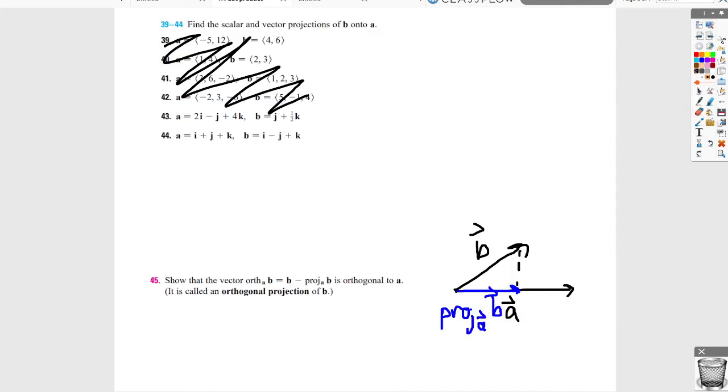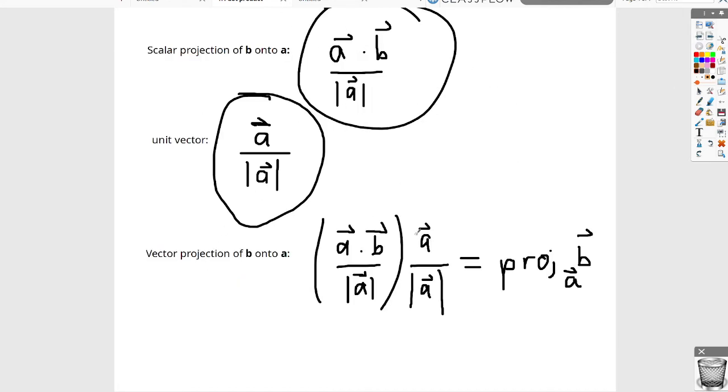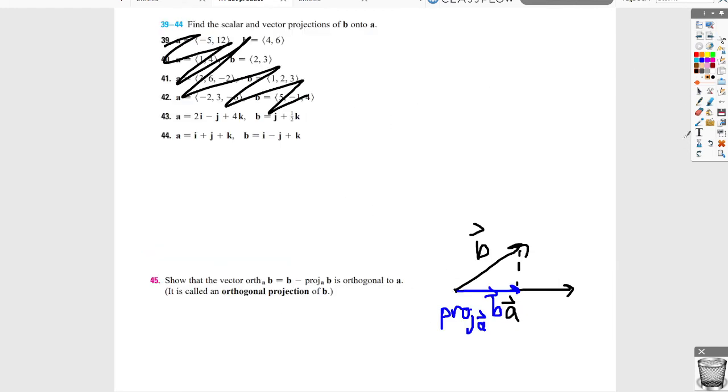Okay, let's do some problems. Find the scalar and vector projections of B and A. So this is a scalar projection, this is a vector projection. And remember, you take A dot B over the magnitude of A. First of all, I need to explain what i, j, and k mean. i is a unit vector in the x direction, j is a unit vector in the y direction, and k is the unit vector in the z direction.